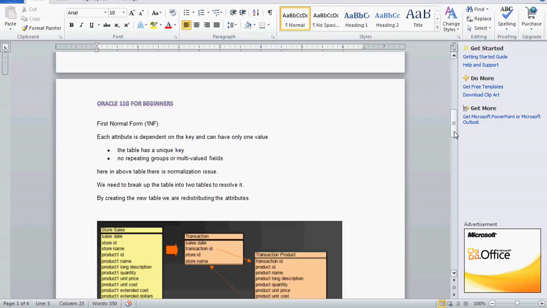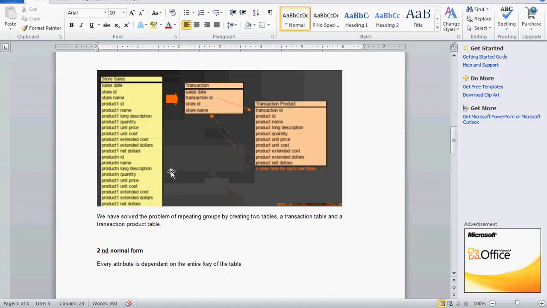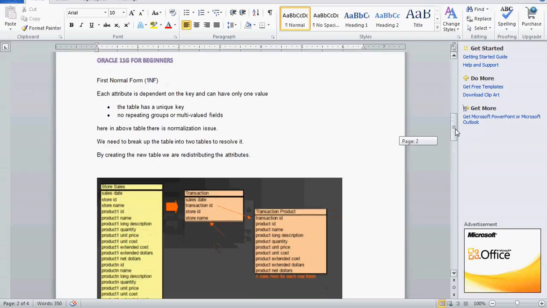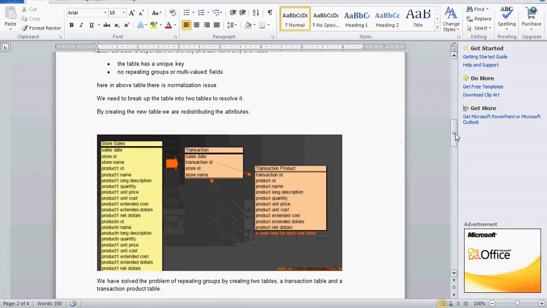No repeating groups or multi-valued fields, that means repeating groups are not allowed. Here in the table we are seeing there is a normalization issue. To resolve this issue, we need to break up this unnormalized table into two tables.